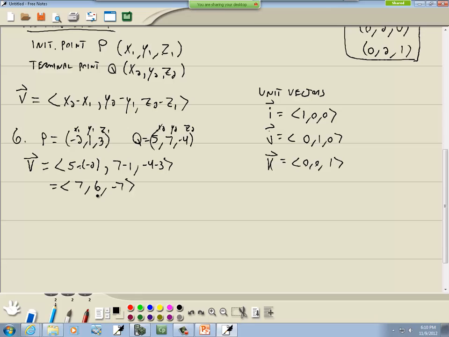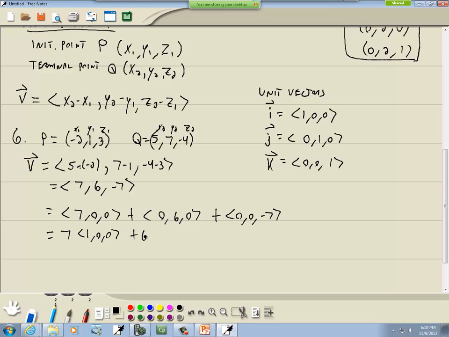Well, how in the world do we get from this to our i, j, and k? Let me write that a little bit neater there. That's our j. Well, we can split this up. We can write it as 7, 0, 0 plus 0, 6, 0 plus 0, 0, -7. We can factor our 7 out of here, and that gives us 1, 0, 0.